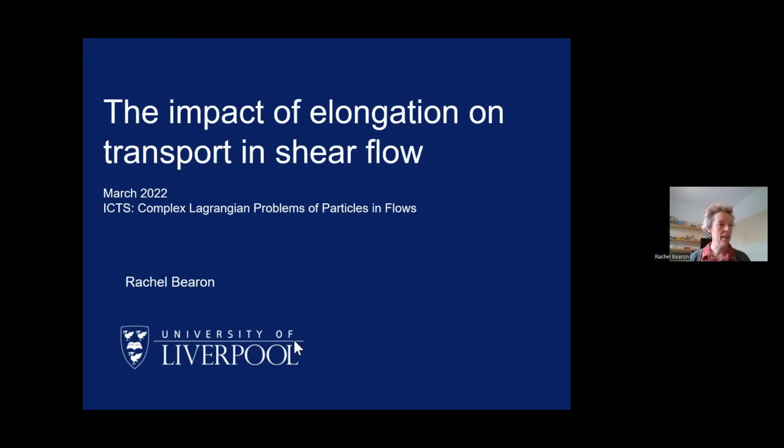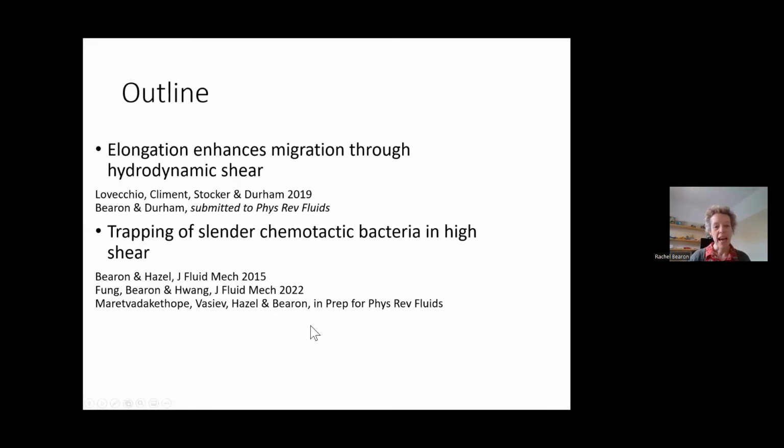So let me move forward. I'm going to share with you a couple of pieces of research which I hope will be of interest. The first involves swimming microorganisms in flows and looking at the effect of elongation on that.